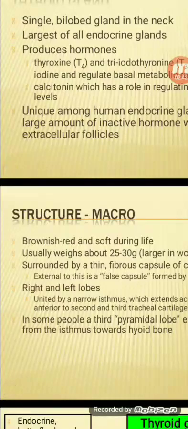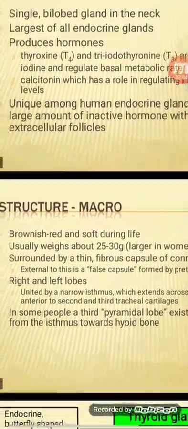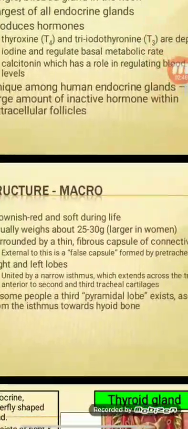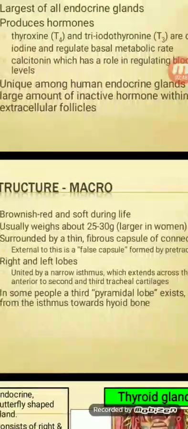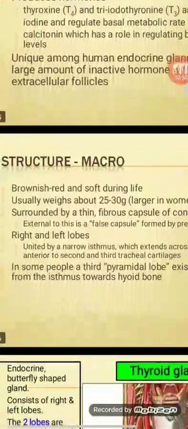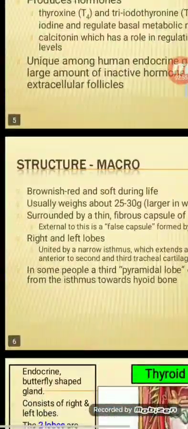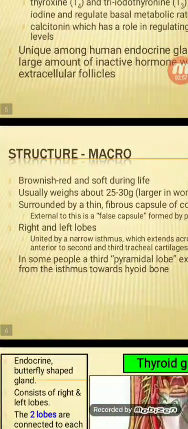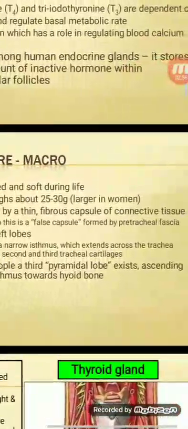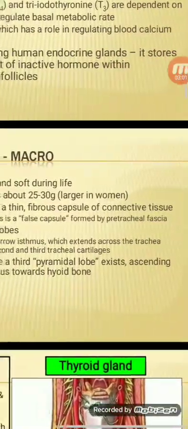Brown, red, and soft during life, usual weight 25 to 30 grams. It is larger in women, surrounded by a thin fibrous capsule of connective tissue. External to this capsule is a false capsule formed by the pretracheal fascia.